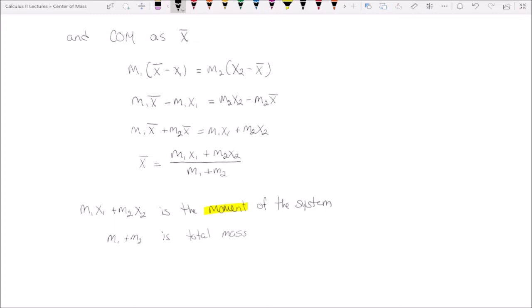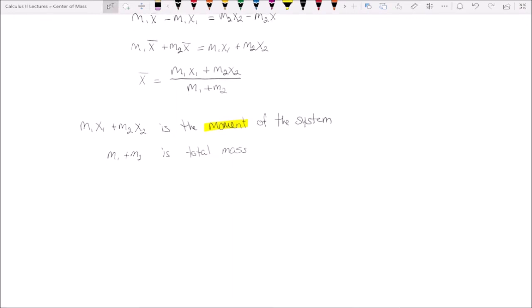Now, this concept can be extended to n bodies. In general, again, the center of mass is equal to the moment of the system divided by total mass of the system.